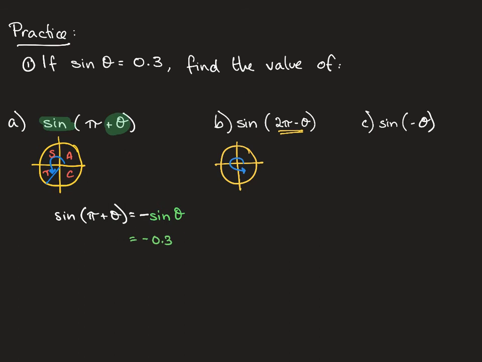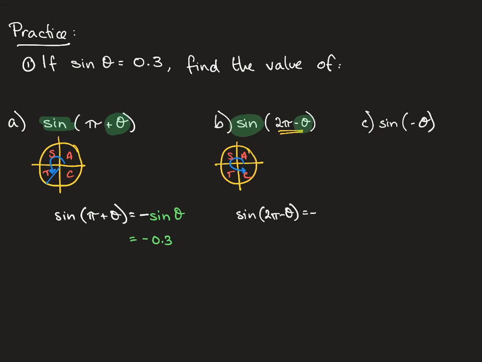And in the fourth quadrant, only cos is positive. And so our answer for sine of 2 pi minus theta is going to be a negative value, and it's going to be the same size as our reference angle, which is sine of theta.